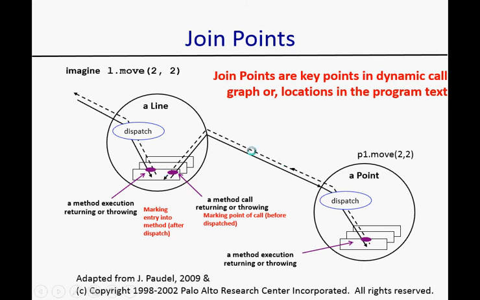Similarly, coming back the other way when we have return, we have points of return or throwing an exception from here, returning here and returning there. So at these places, calls, method executions, returning or throwing, there may be things we want to do. Maybe we want to take whatever value is going to be returned and substitute it with another value.